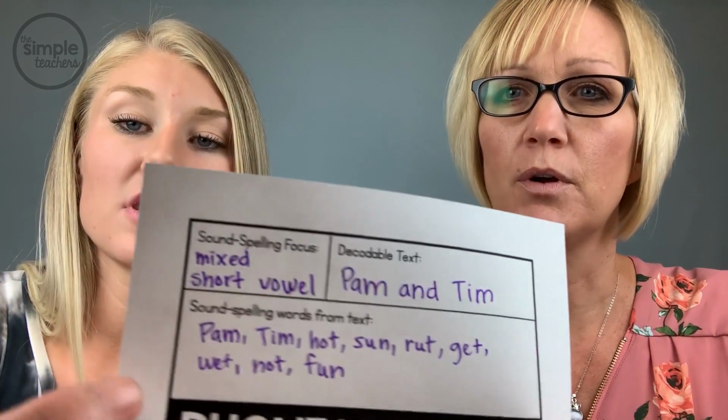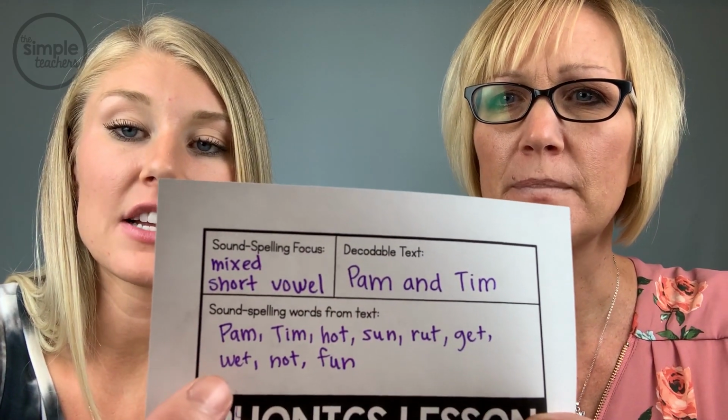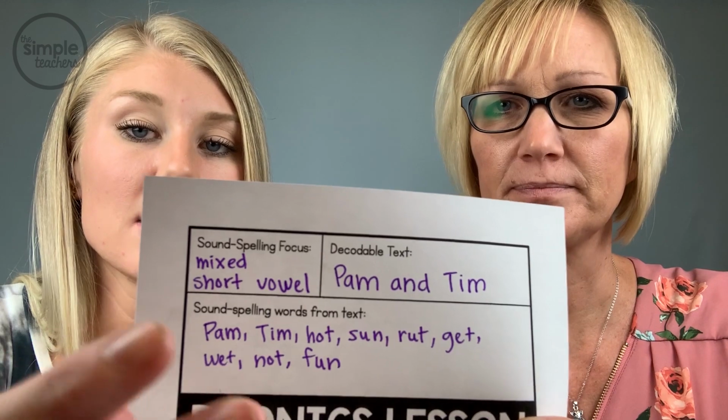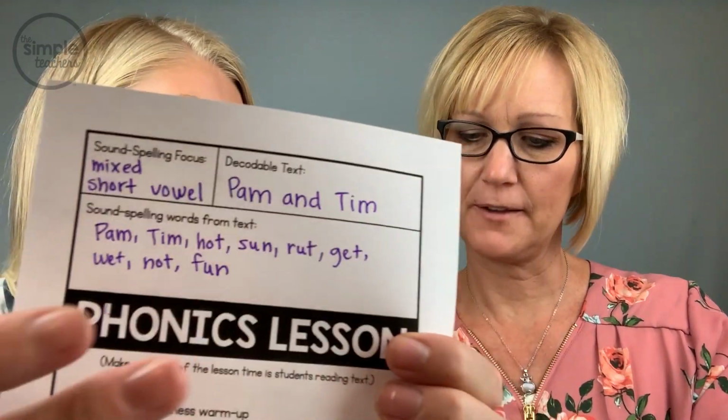Yep. So now from that list, I'm going to do more than one thing. I'm going to make sure that I do a vowel sound spelling review and a consonant sound spelling review. So she's going to look at these words and pull out every sound spelling, consonants, and for sure the vowel focus.